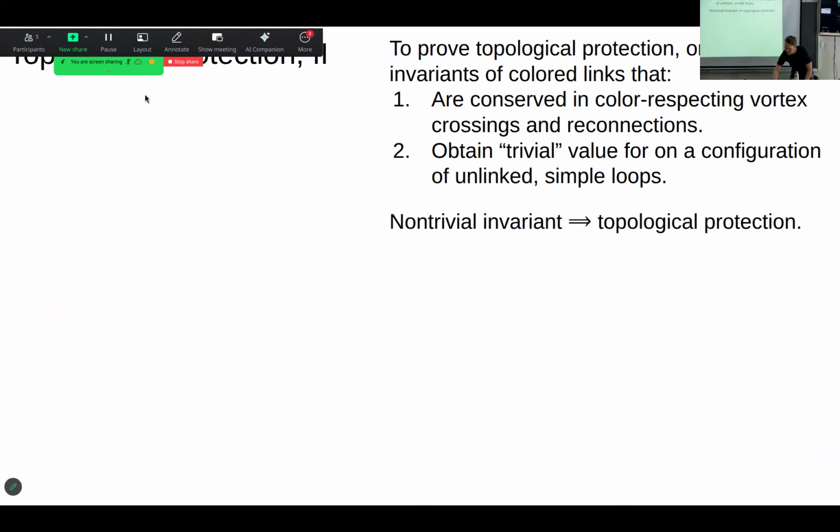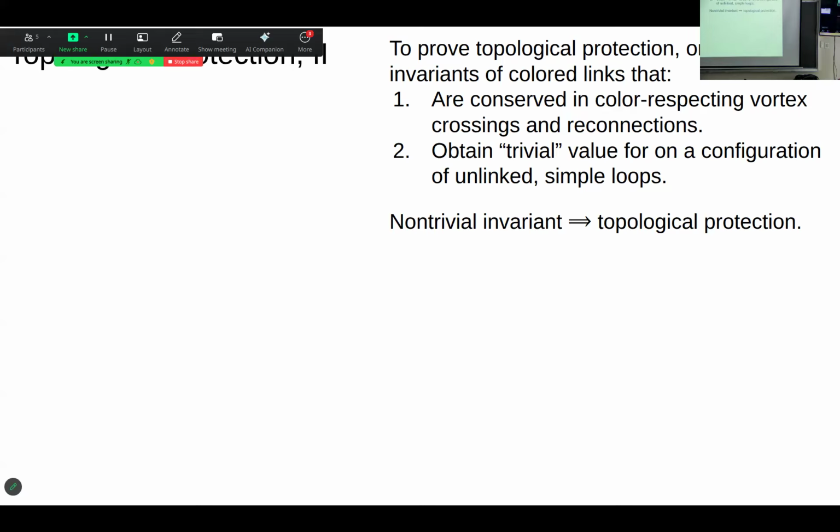And how does one prove this? It's kind of simple. To prove this topological protection, I need to construct an invariant that has two properties. First of all, in the evolution that can happen, the invariant should remain the same. And second, on any configuration of simple unlinked loops, it should obtain a trivial value.